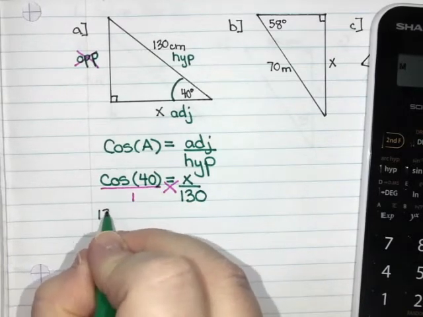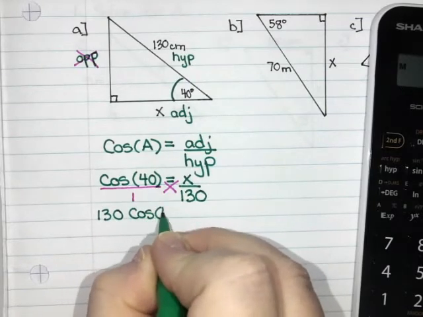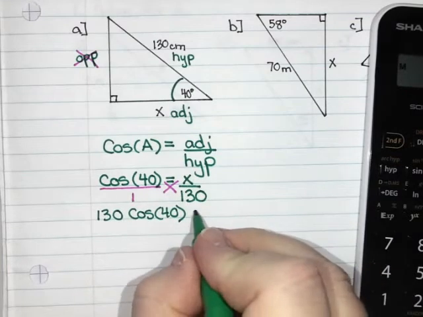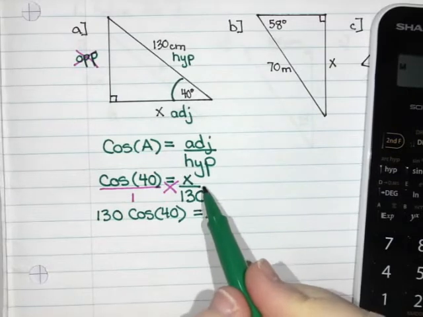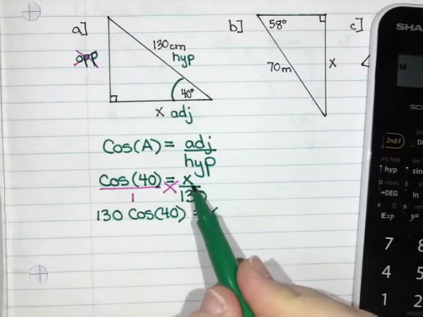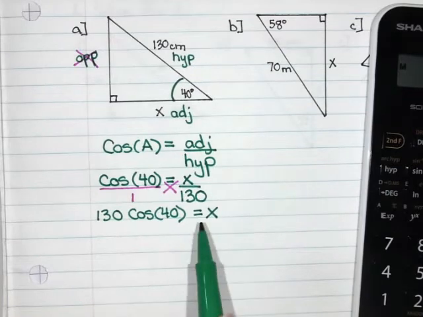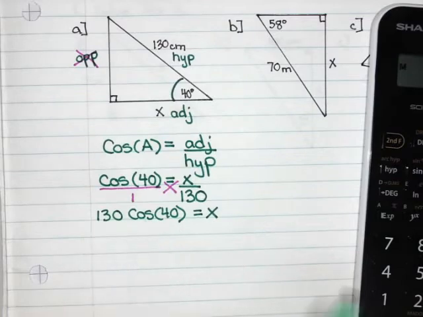So I get 130 times cosine of 40. And then on the other side, I do 1 times x, which equals x. If you don't want to cross multiply, you can just think about it that in order to cancel out a divide by 130, we are multiplying by 130. So from here, x is now all by itself, so I am going to multiply this out.